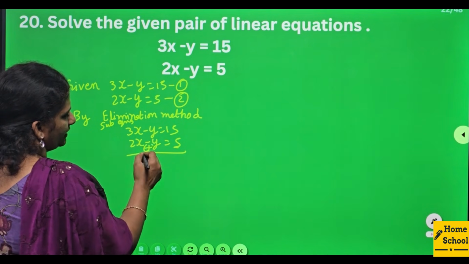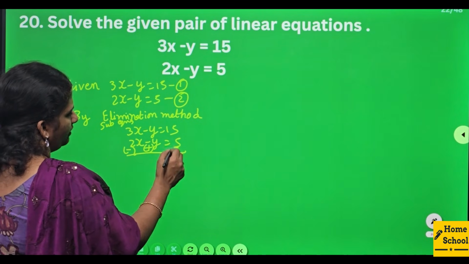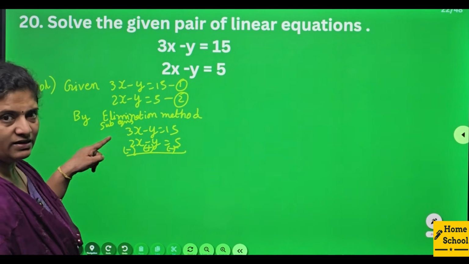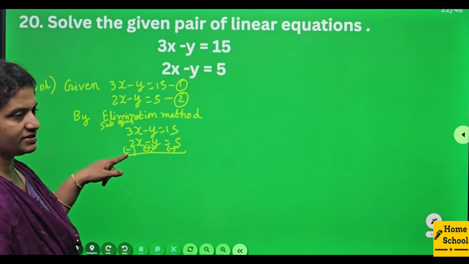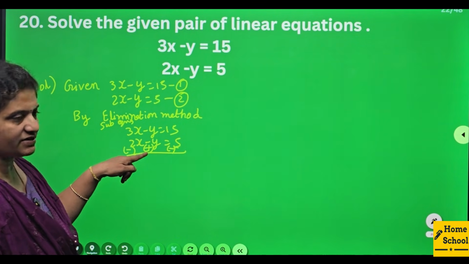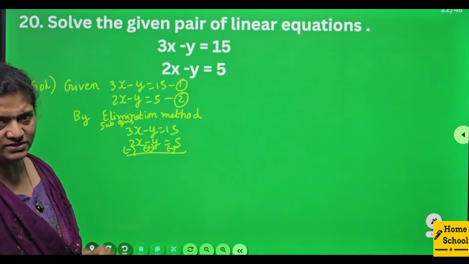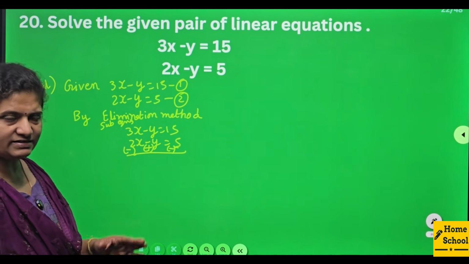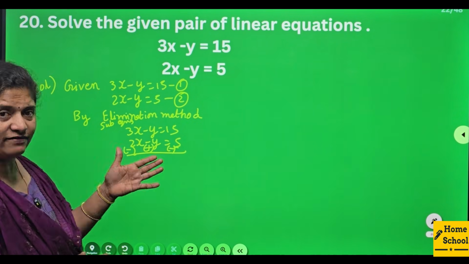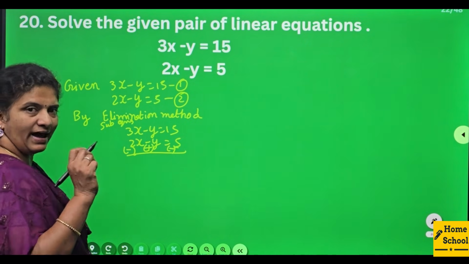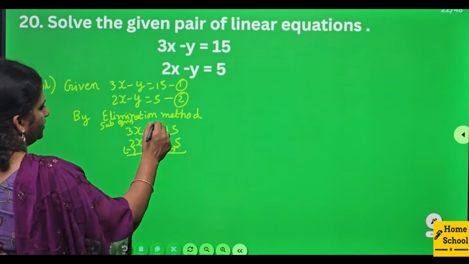When we are subtracting, we need to change sign. That means if you have plus, multiply by minus: plus into minus, minus; minus into minus, it will be plus; and here plus into minus, minus. Or else just change the reverse sign. When you are subtracting only, we need to change.